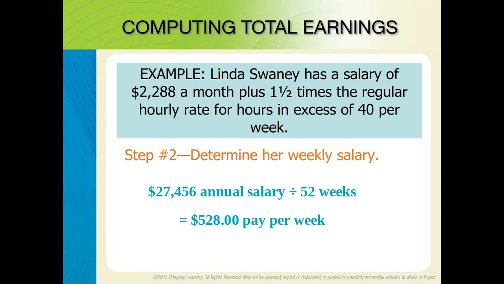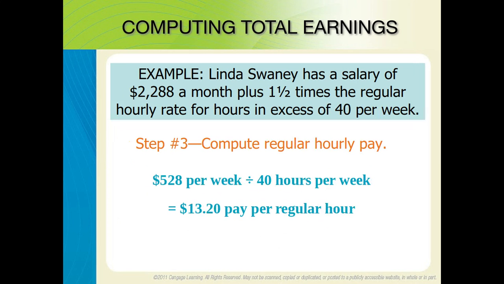The second thing we need to do is to determine her weekly salary. We take her annual salary of $27,456 divided by 52 weeks, because there are 52 weeks in a year, and we get $528 per week. That's how much she makes each week.